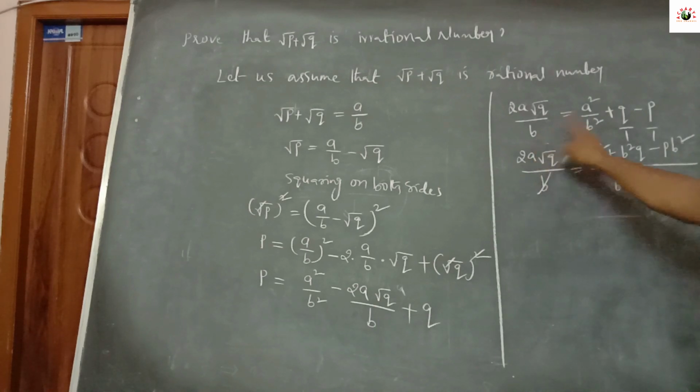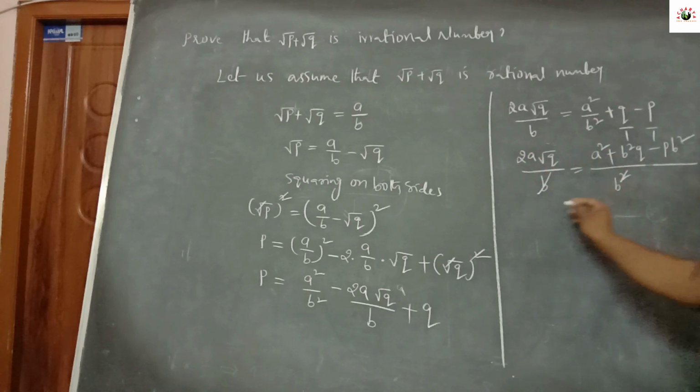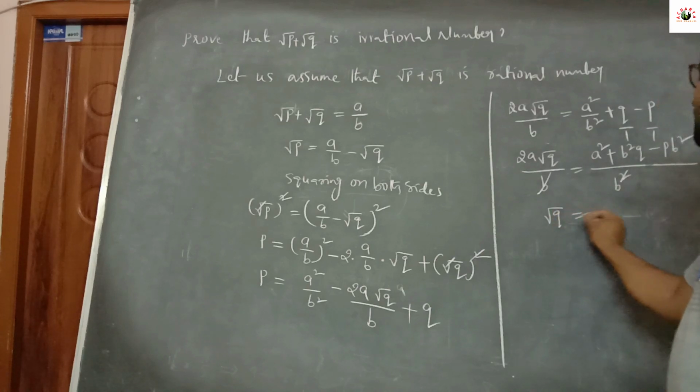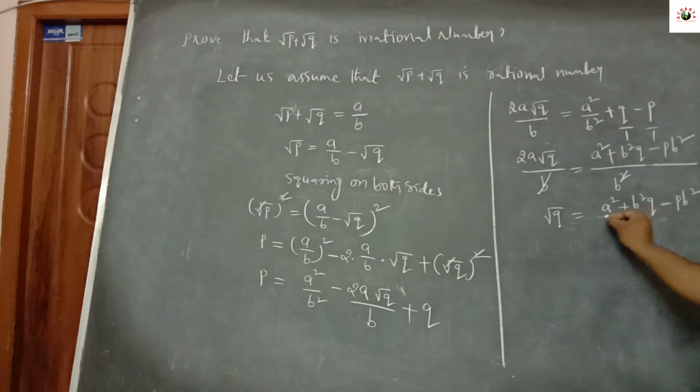So this 2a is sent to the right side, it becomes the denominator, the reciprocal. So now root q is equal to a square plus b square q minus p b square, by 2ab.